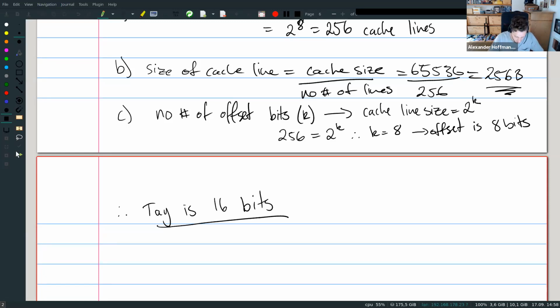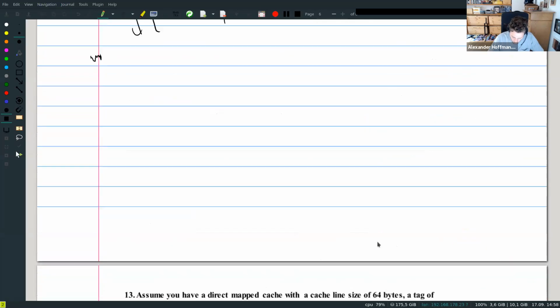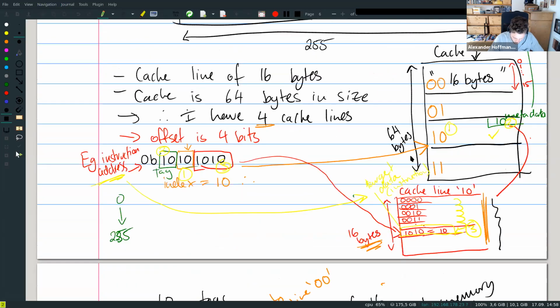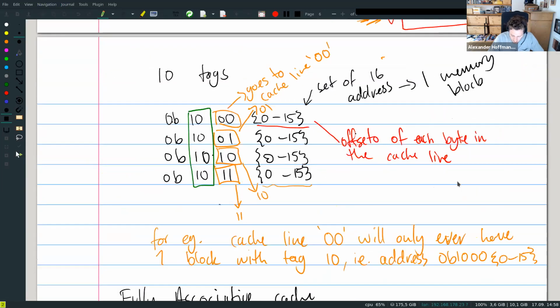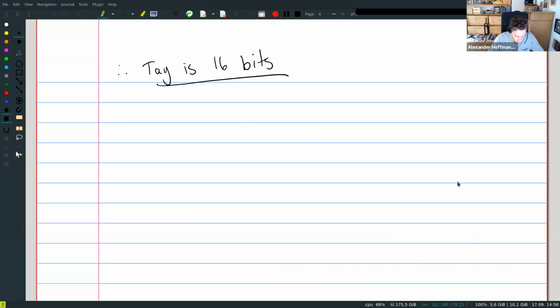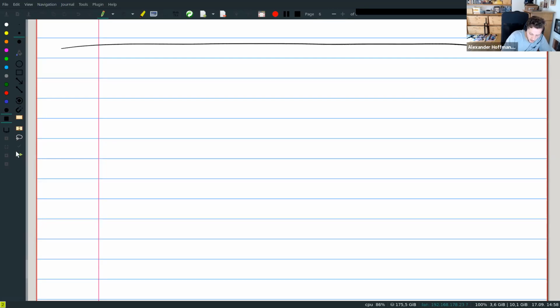So if I take, for instance, the example right up here, let me draw this example out a bit differently again. We'll go through the whole process again. So we have an 8-bit address.